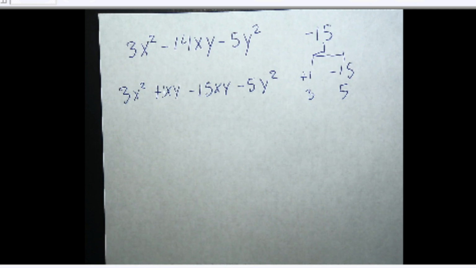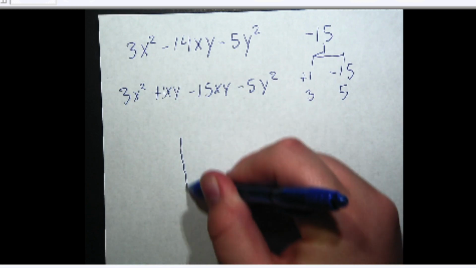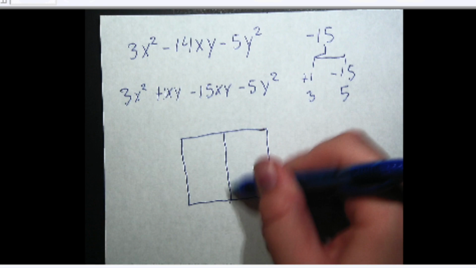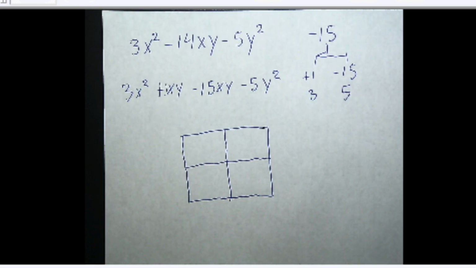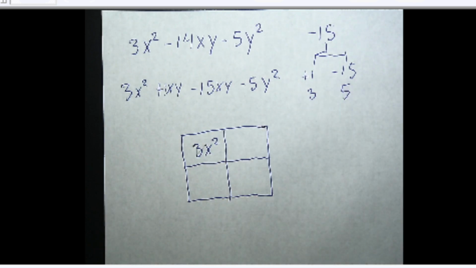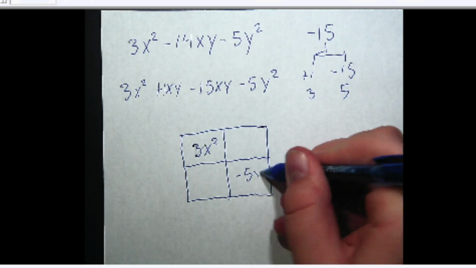Box method. All right. So what goes in that first box? Yep. 3x squared. What goes in the last box? Good. Negative 5y squared.